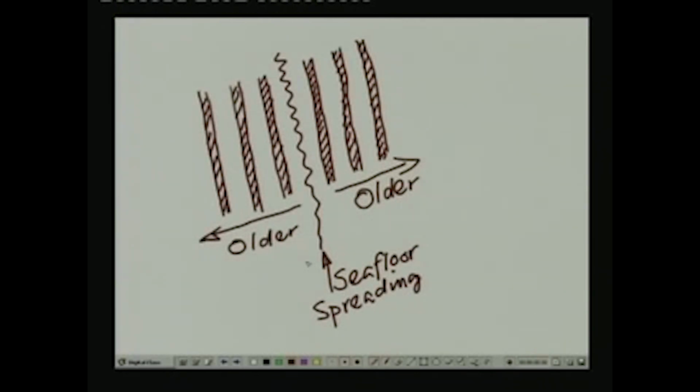And what they suggested as an answer is that the Earth's magnetic pole, or the magnetic north, this is a well-known fact, the magnetic poles of the Earth reverse polarity every now and then.